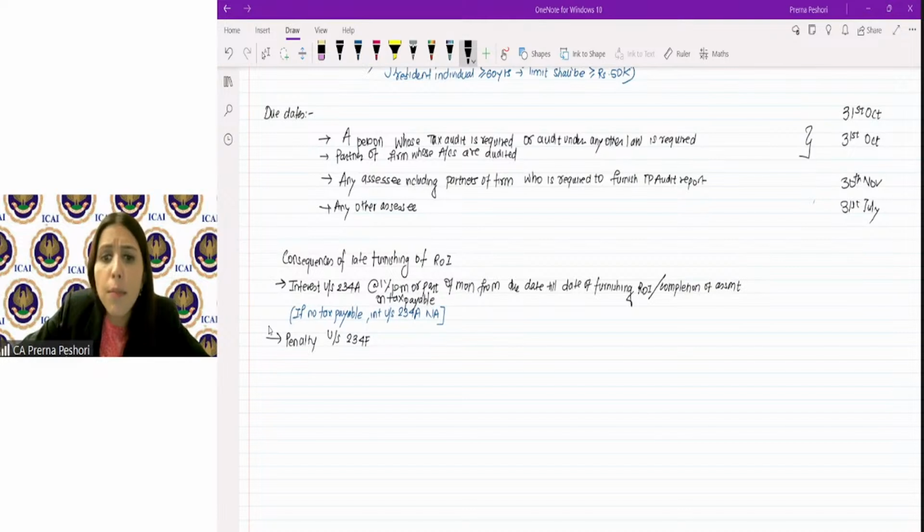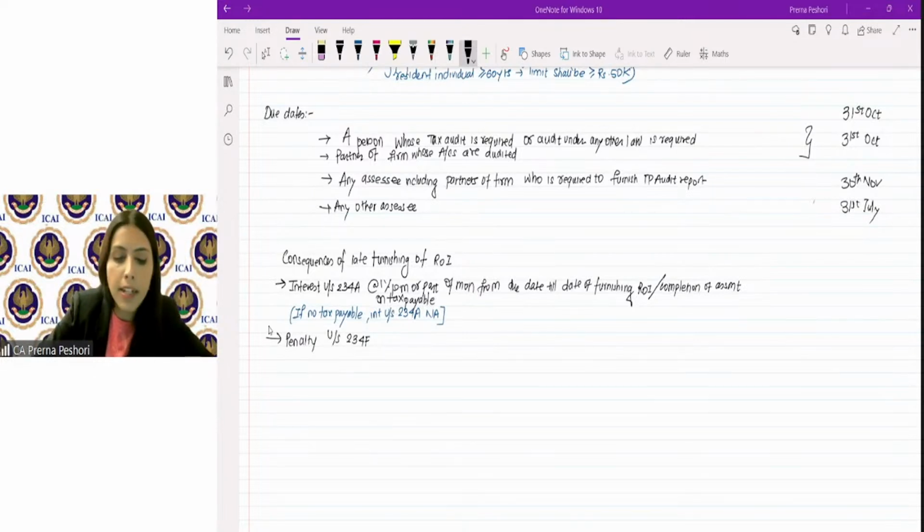If there is no tax payable, Namrata, if your entire TDS has been deducted, you have paid the entire tax by way of the advance taxes, then you are not required to pay any interest under 234A. So as I said, it is payable only when there is some tax payable by the assessee. If there is no tax payable, interest will not be applicable. Okay?